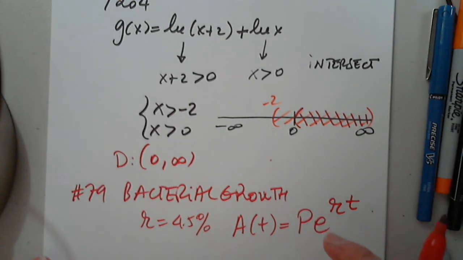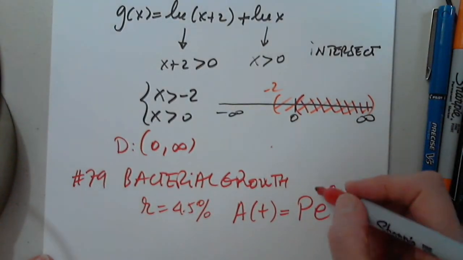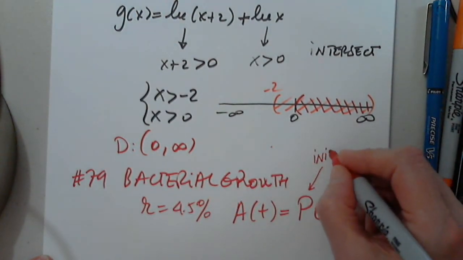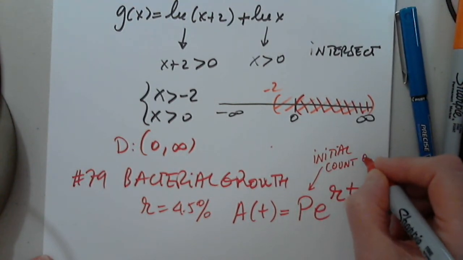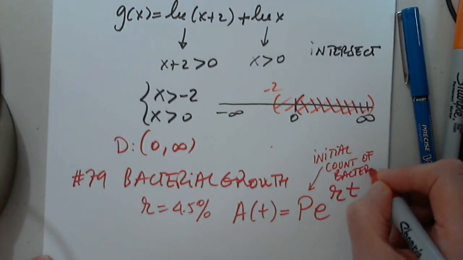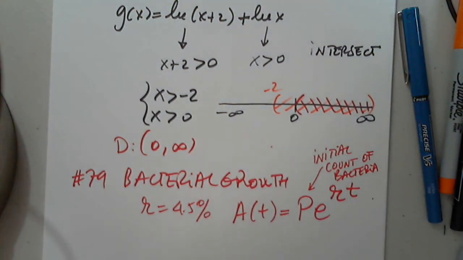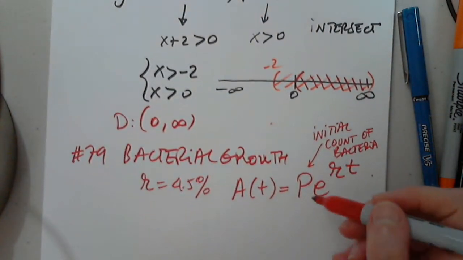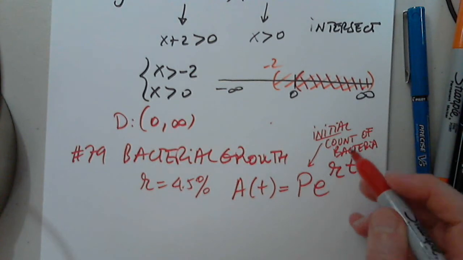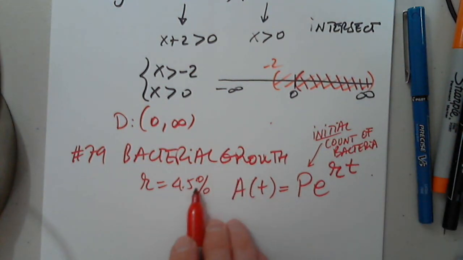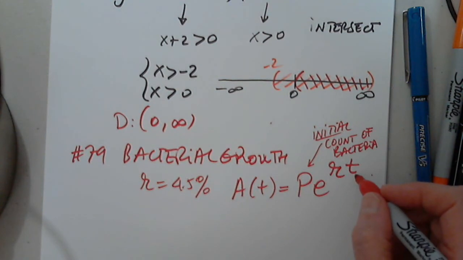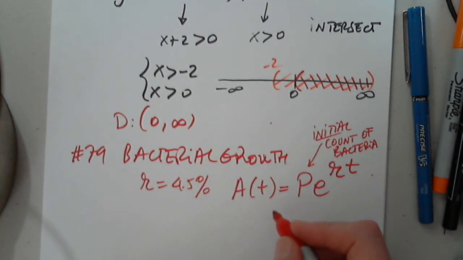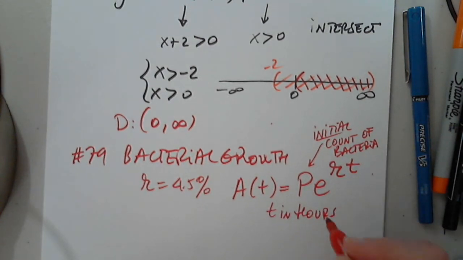So A of t equals the principal. In this situation, it's not the principal, but the initial count of bacteria, of course. It's the same formula, same function. But this time, this is the initial count of bacteria on the petri dish. R is the growth rate, and t is time. Here t is in hours.